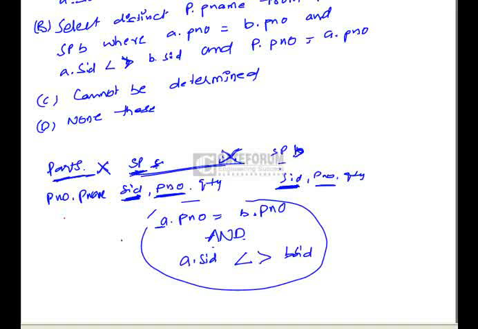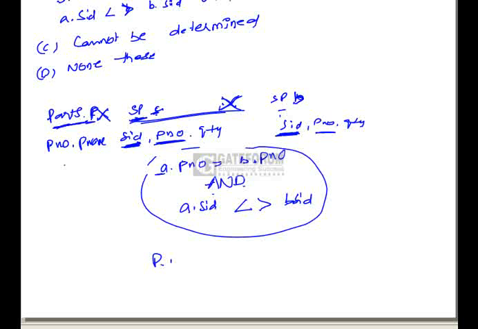Let us rename this as P. So here P dot P number must be equal to A dot P number. So after satisfying this condition, we will be getting all the part names.